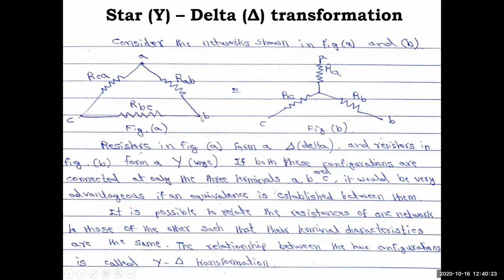So if you make this resistance open circuit, these two are in equivalence. Similarly, if you remove this, these two are in equivalence. Similarly here also, if you remove any one, the other will be in equivalence. So based on that assumption, we will try to derive the formula.